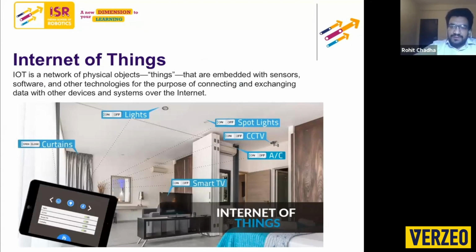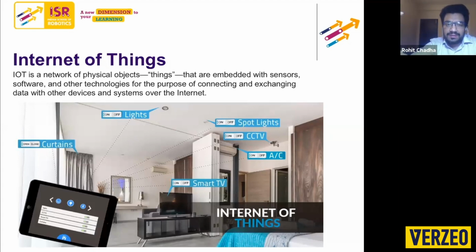In a very simple way, Internet of Things is when I connect any machine to the internet, and I'm able to communicate with that machine from any location. And yes, I also need to be connected to the internet. One of the examples which we have seen in movies also is that a person is not at home, but he's able to operate devices at his home using a mobile phone.